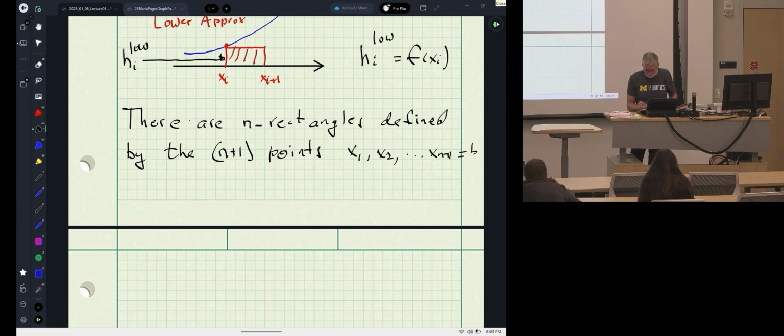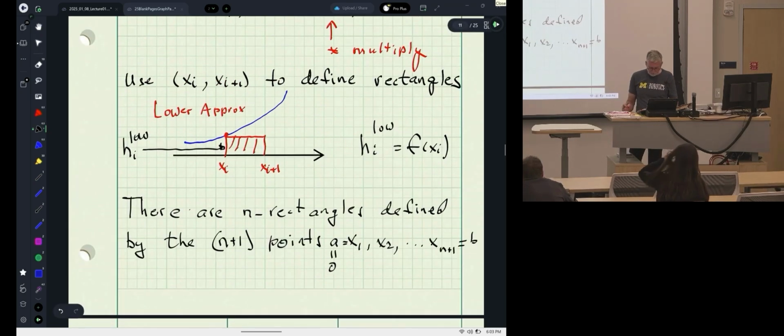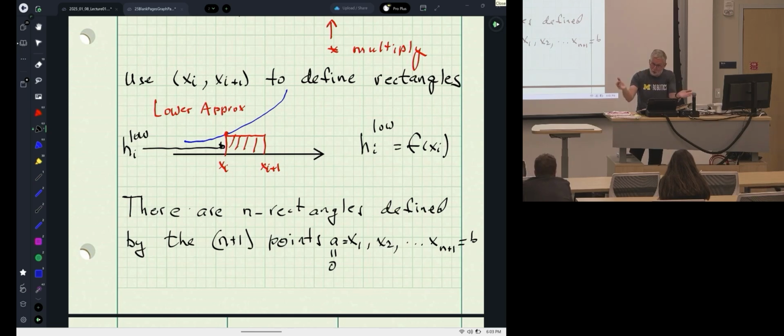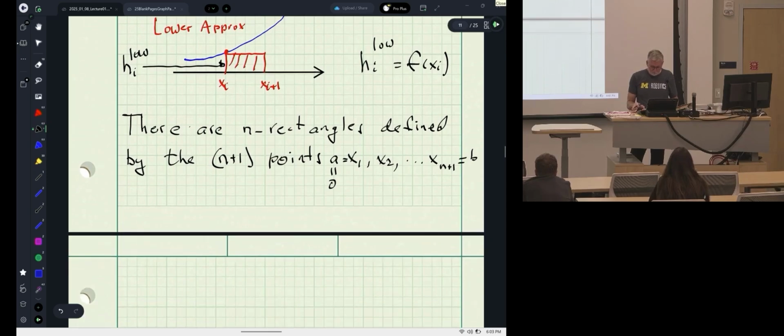And xn plus 1 is b, and a is equal to x1, and we're taking that to be 0. So we have one more point than rectangle because it takes 2 points to define a rectangle. So you have one rectangle, it takes 2 points, okay? So you need one more point than the number of rectangles. That's the lower thing, okay?